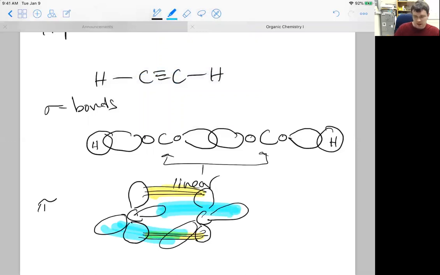So it gets to be a pretty messy drawing, and it's aided a little bit by colors. But hopefully you can at least see that as we add additional pi bonds to a system, they must be perpendicular to that original sigma bonding system, okay? It turns out that it gets more and more awkward.